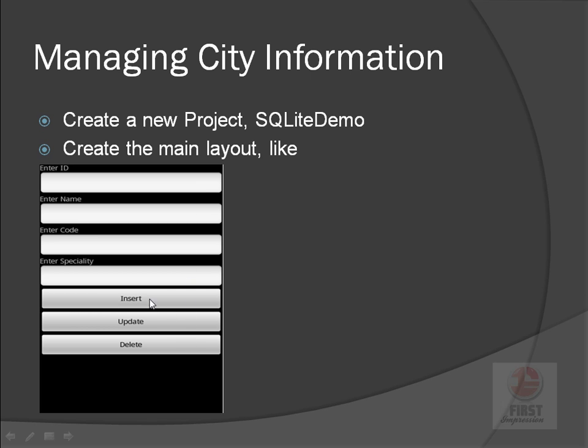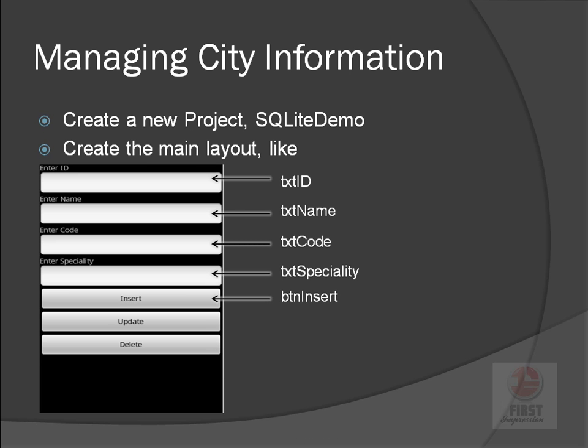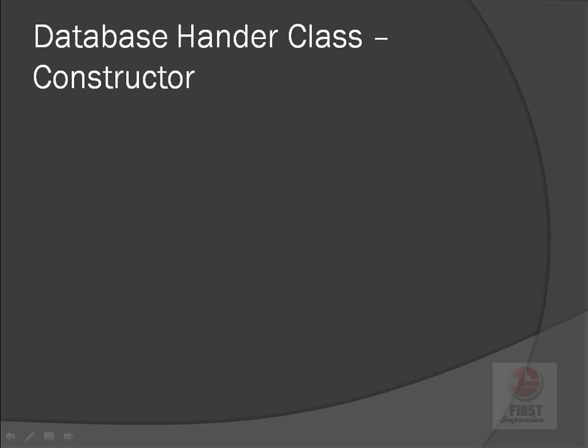We have 3 buttons: btn insert, delete and update, and we have a list view. This list view will show all the records that we'll be inserting inside our database. Now this is a linear layout which is vertically arranged.